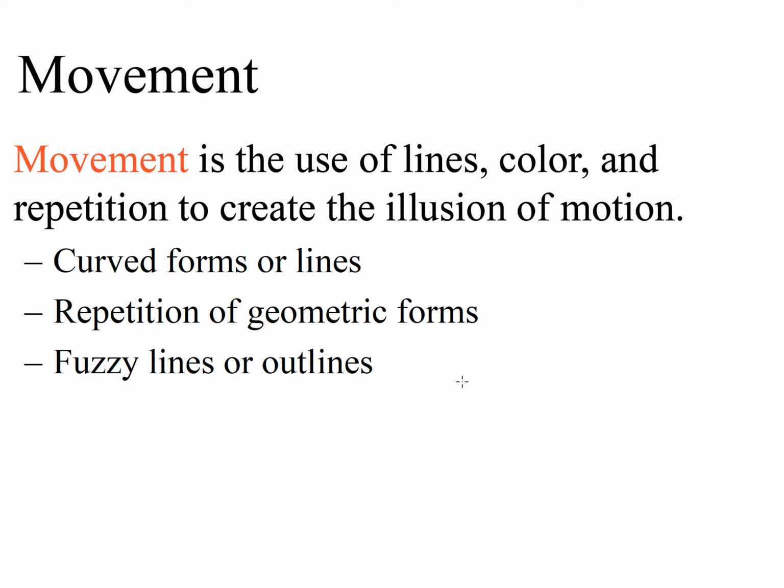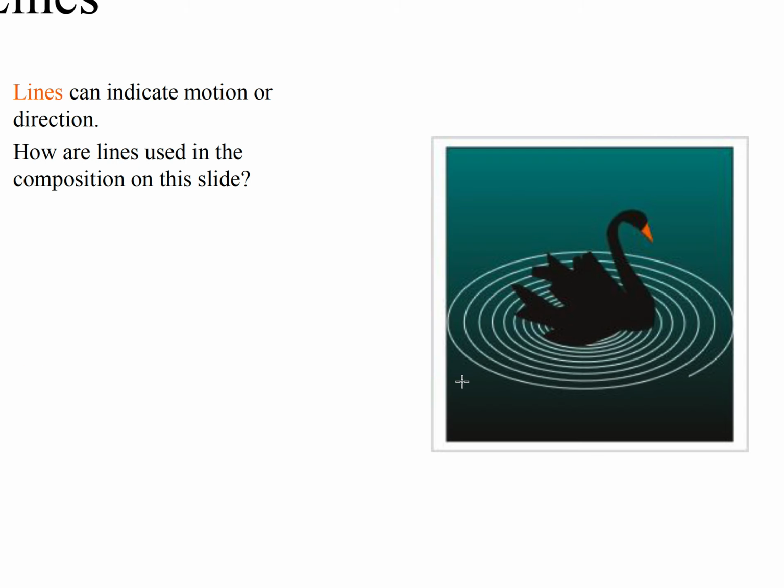So movement is the use of lines, color, and repetition to create the illusion of motion. And by illusion, it could also be an invisible illusion, like emotional, like you feel it or you just interpret it that way. So here's an example with the lines in the water here. You can easily tell that the bird is moving.